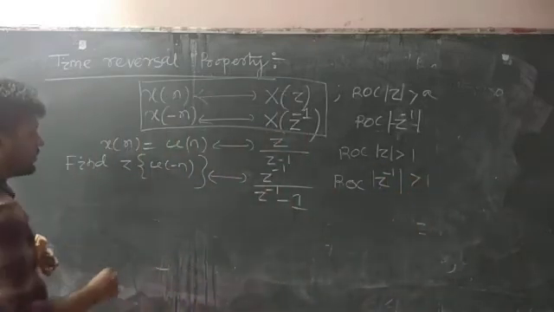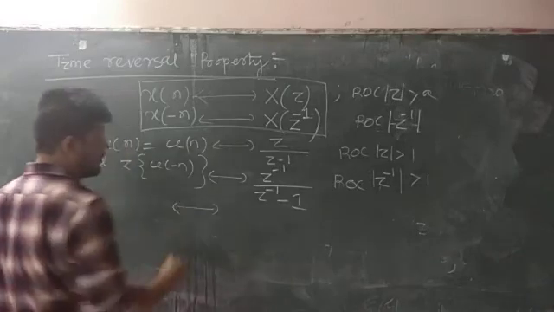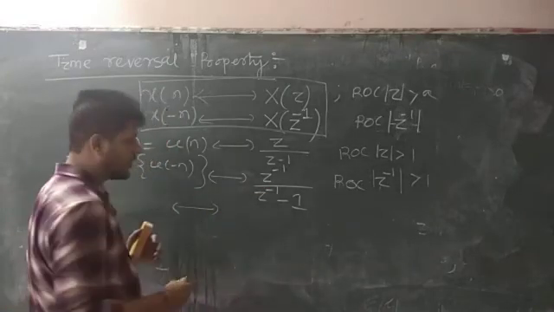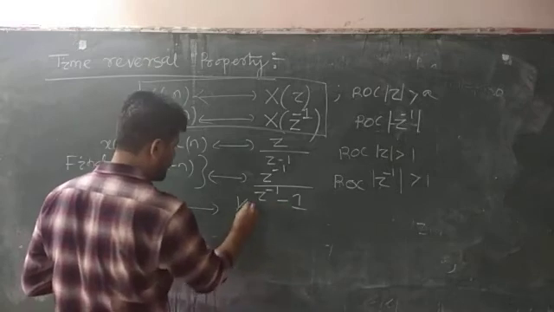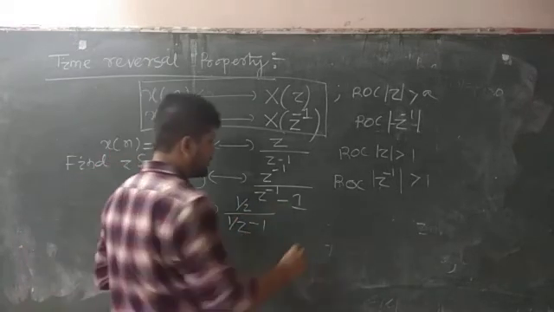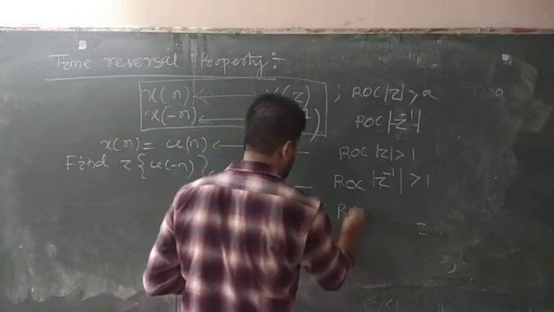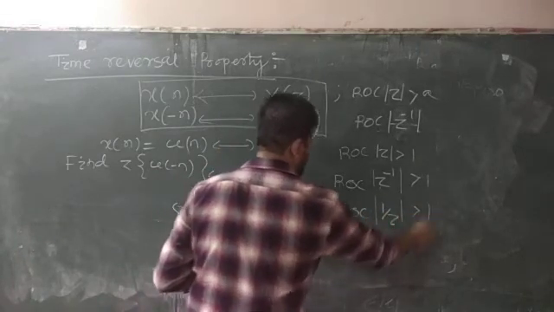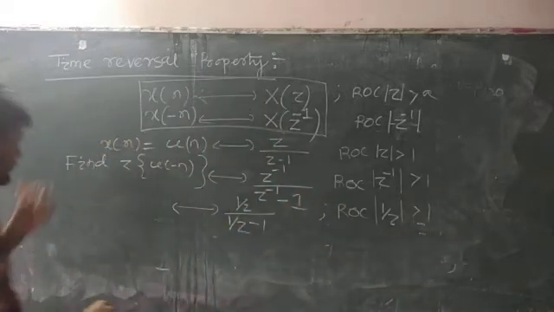Now we can simplify here. Z inverse means 1 by Z. So here 1 by Z divided by 1 by Z minus 1, and this region of convergence is also mod 1 by Z greater than 1.